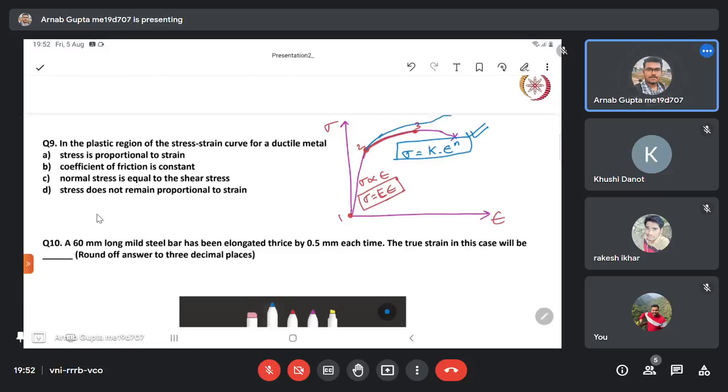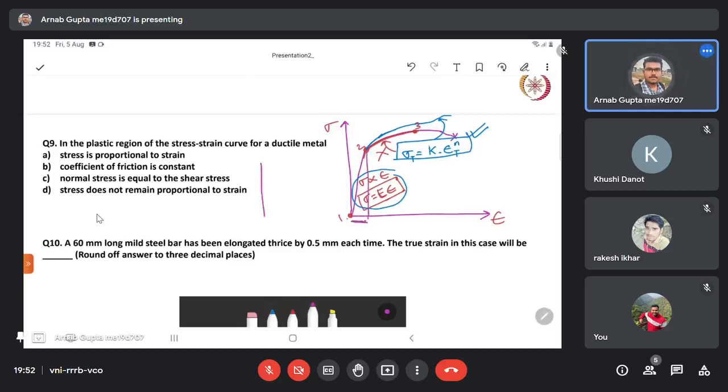So this is valid for this one, not this one. So you can write here sigma t is K into epsilon t to the power n. See, this part is common for both cases, engineering stress versus strain and true stress versus strain, because in this particular range, say from 1 to 2, I have exaggerated it, but actually this change is very less.